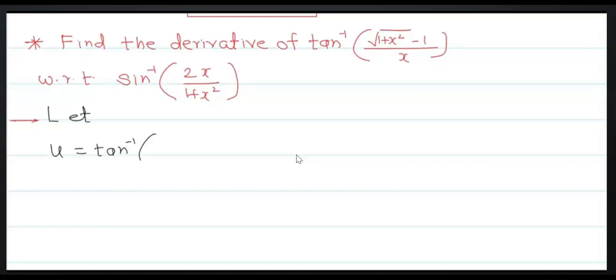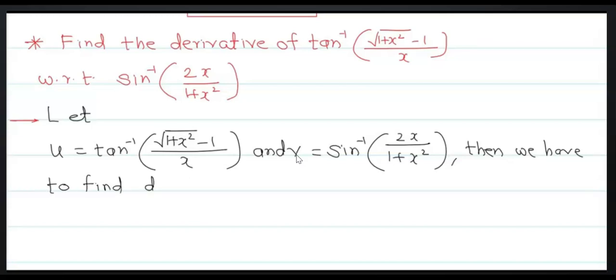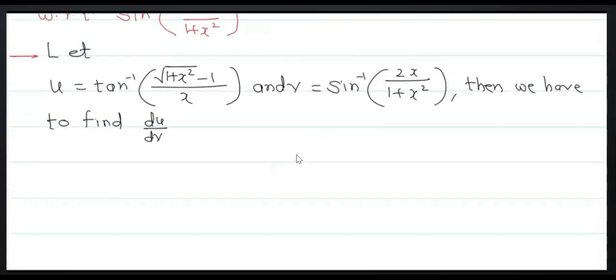Now u is equal to tan inverse of root of 1 plus x square minus 1 upon x, and v is equal to sine inverse in bracket 2x upon 1 plus x square. Then we have to find du by dv.